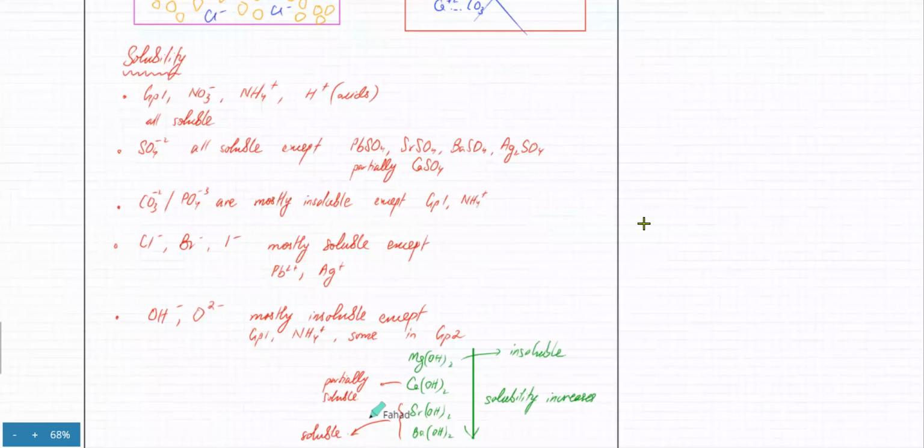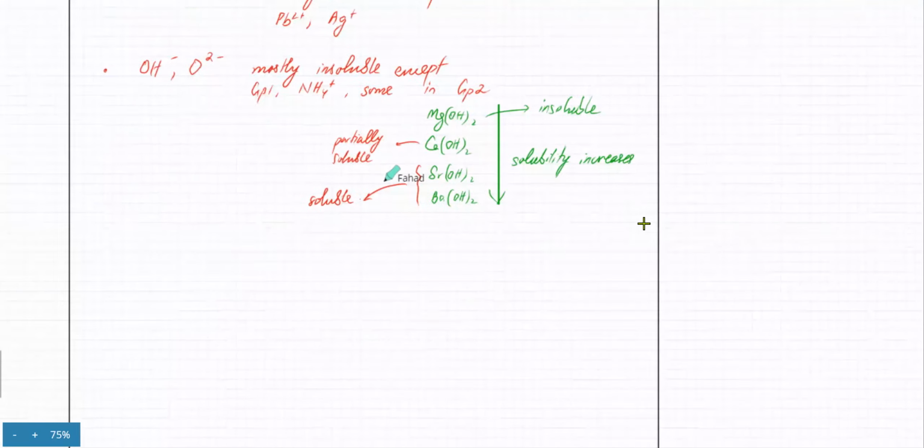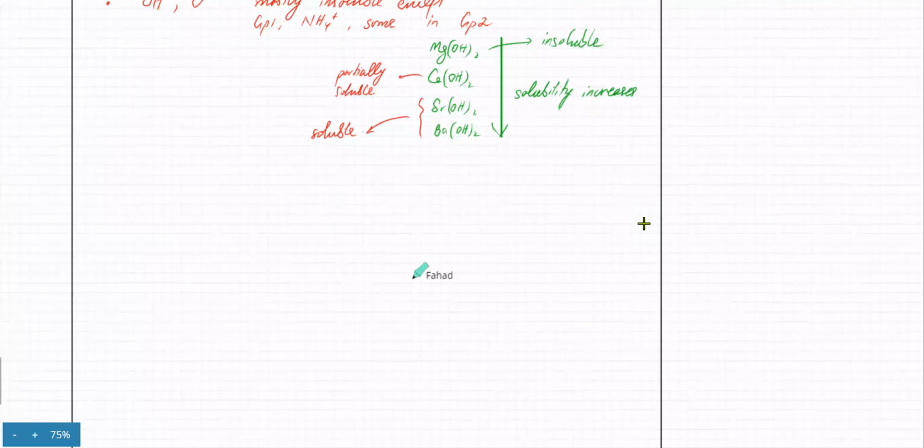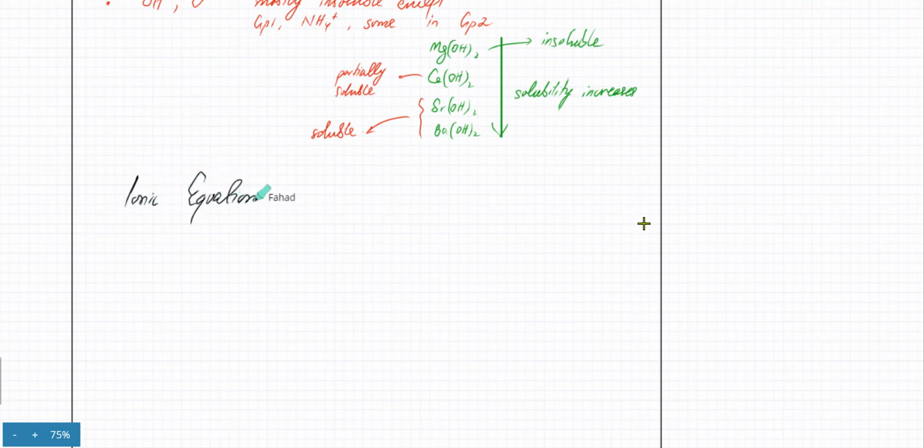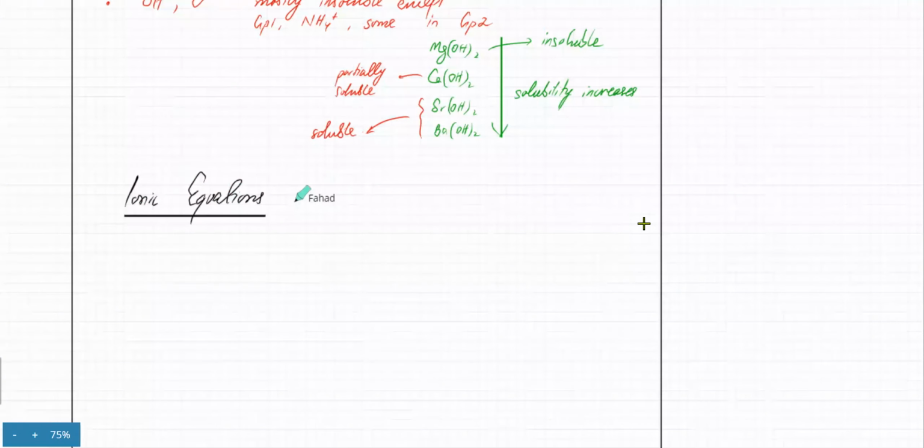Which compounds are soluble and which are not. Now we'll do one or two applications of this, where we learn how to write ionic equations. If you're given any equation, let's assume the one above that we've been given.